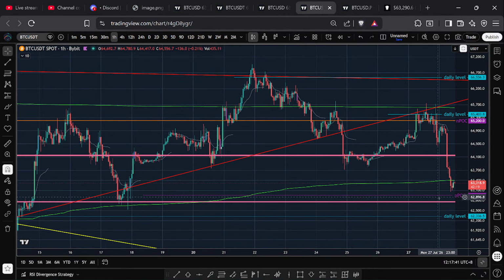If not, you just close it on a sign of strength, which would be probably reclaiming this POC level, say 60. I'd probably wait until it got up around here, actually around 64.7. Okay, that would be a sign of strength that it's recovered and would probably be moving back up.